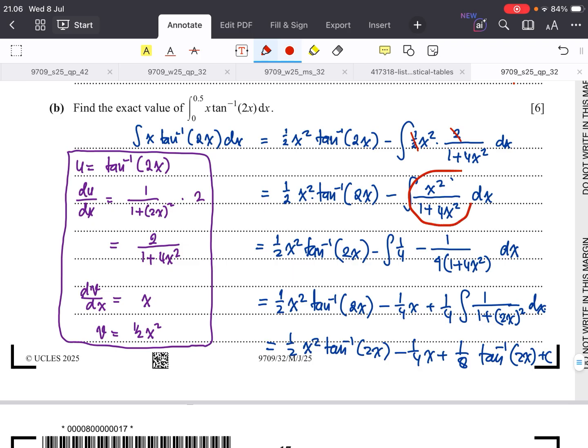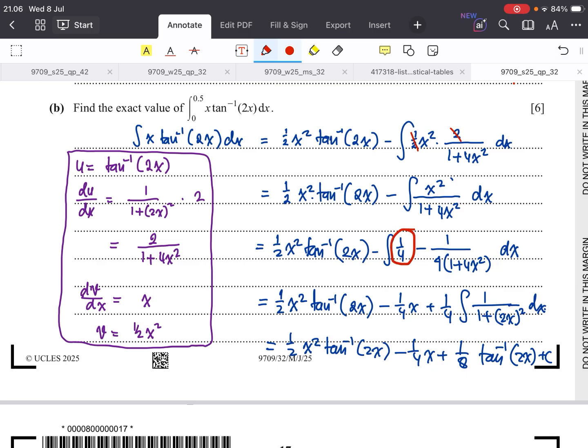So this one can be written as 1/4, which is the quotient, and then the remainder is negative 1/4, so minus 1/4 times 1 plus 4x squared.